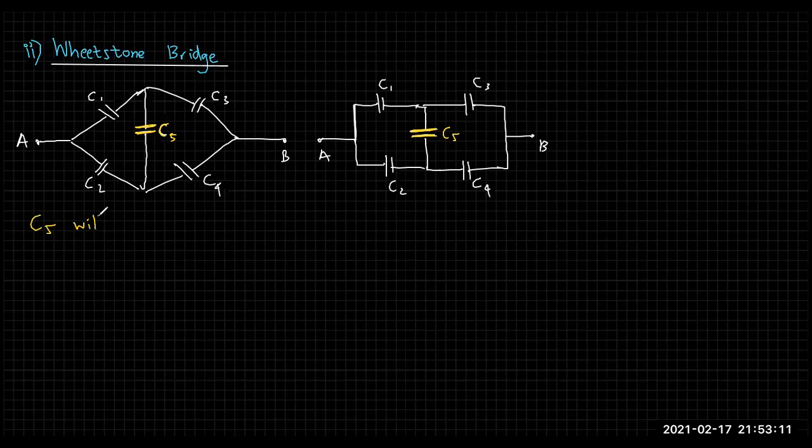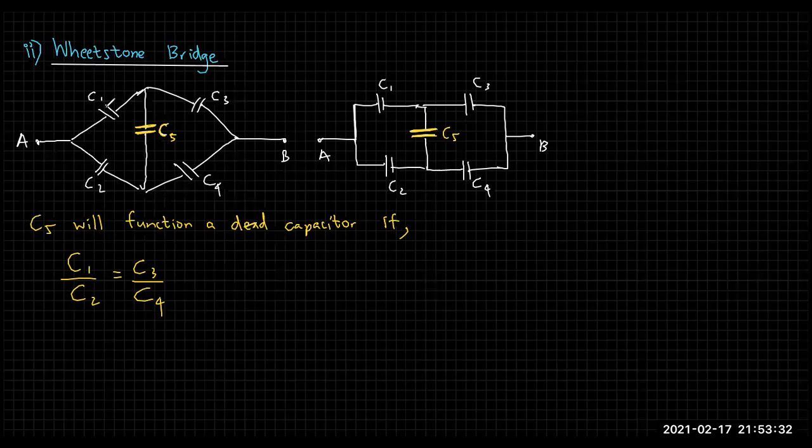C5 will function as a dead capacitor if the condition is C1 over C2 is equal to C3 over C4.